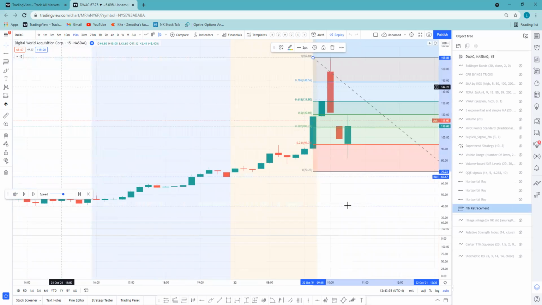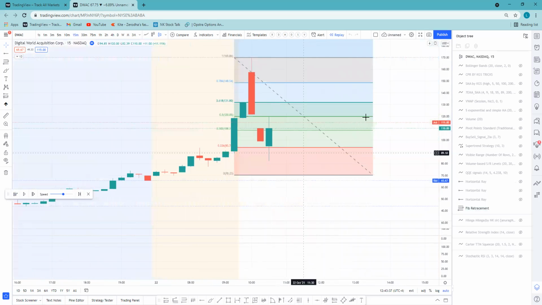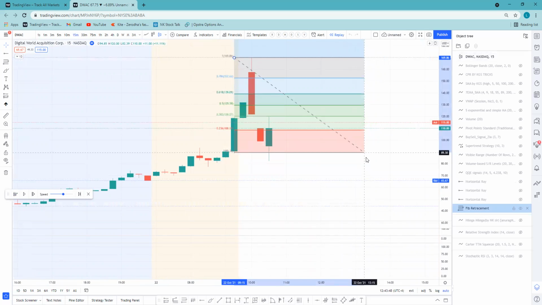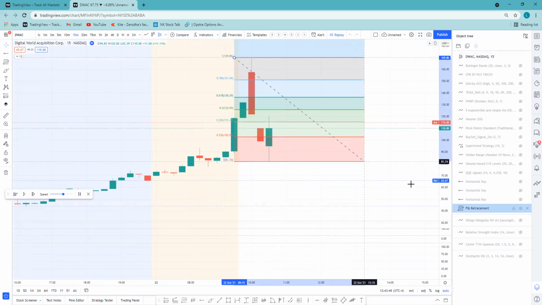We don't have anything. How do you draw the Fibonacci? You take the high, and which one is your recent low? This is your recent low. Does it make sense? Yes. Okay, this was the high, this was the low.